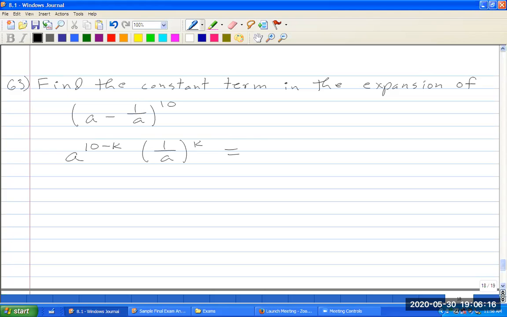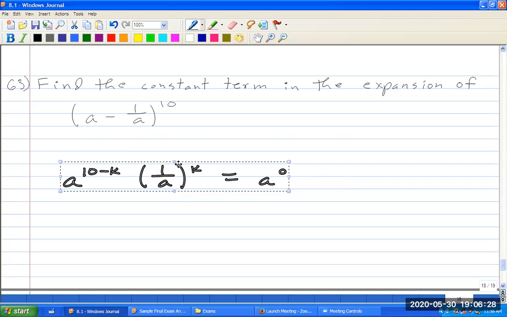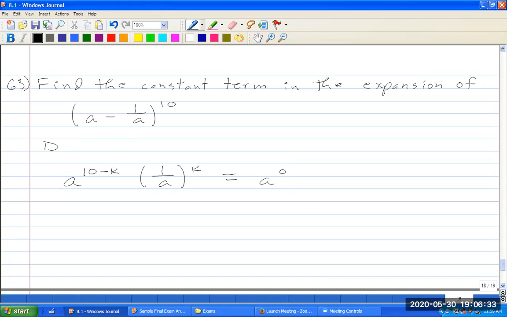That will tell me the term. Once I know the term, then I can figure out the constant. So I first want to figure out which term is constant. So the first question is, determine k.